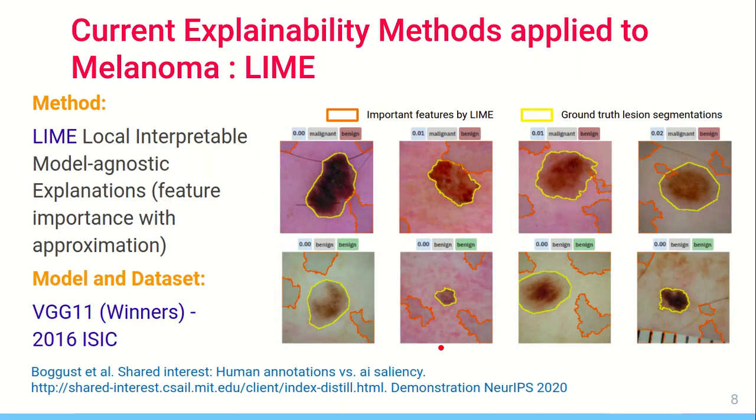Likewise, the LIME method on the VGG16 network, the 2016 winner, got results where that explanation showed that the network was using features that go beyond the lesion part.